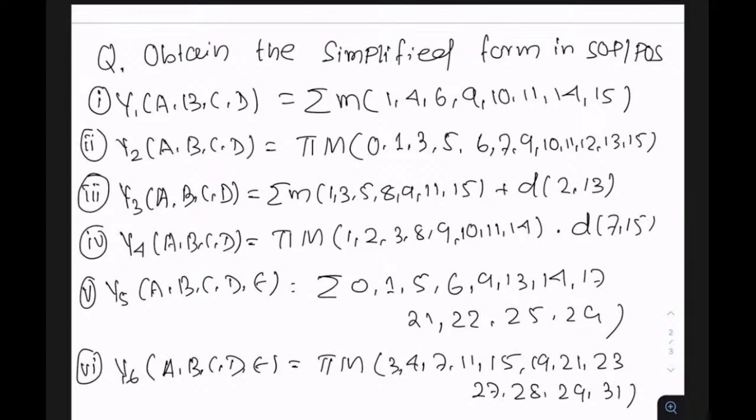Please use your skill and let me know the answer for the first question. The min terms I have given are 1, 4, 6, 9, 10, 11, 14, and 15. Let me know the answer. If not the answer, if you are doing the grouping, how many quads, octets, and so on, how many groups you are getting. Just try to answer it.